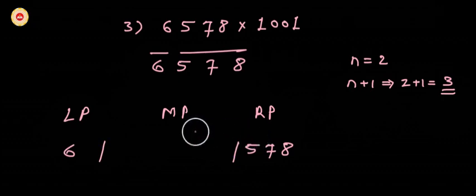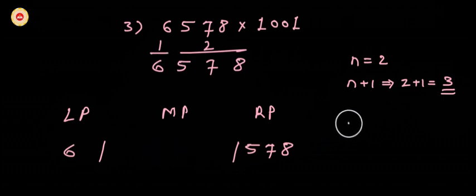Now calculate the middle part. See friends, from the left side, this is the first group and this is the second group. You have to add these two groups, the numbers in the two groups, and write the sum in the middle part.